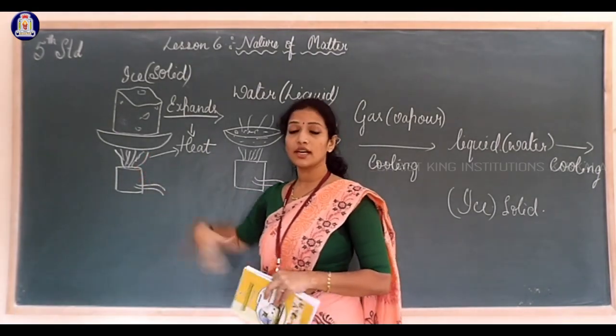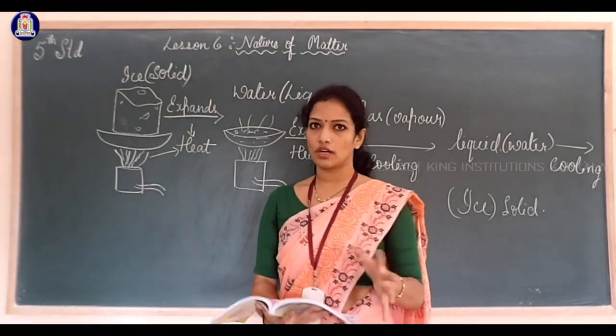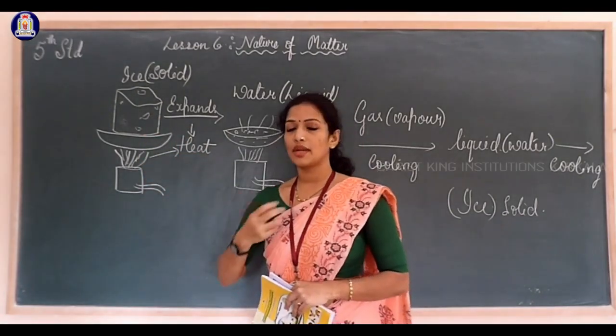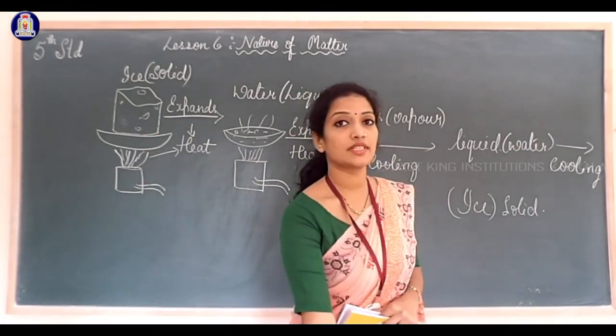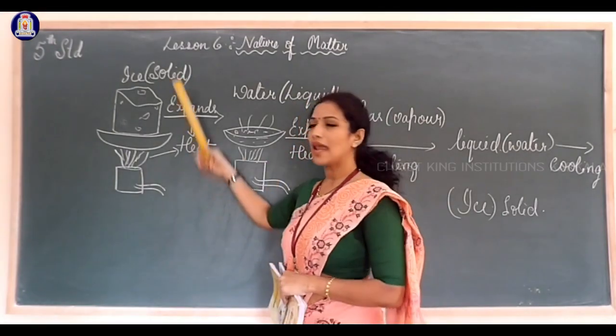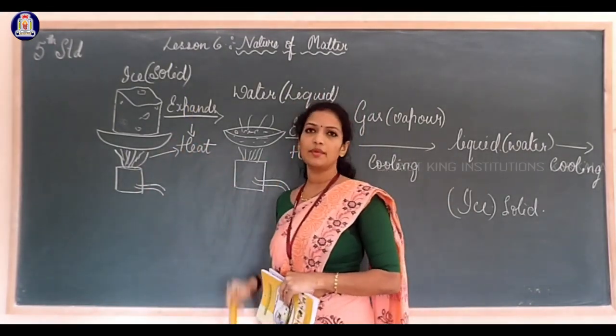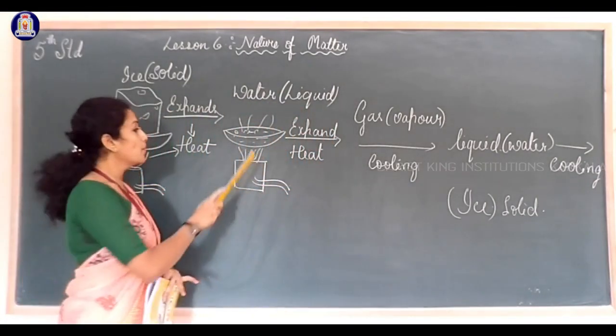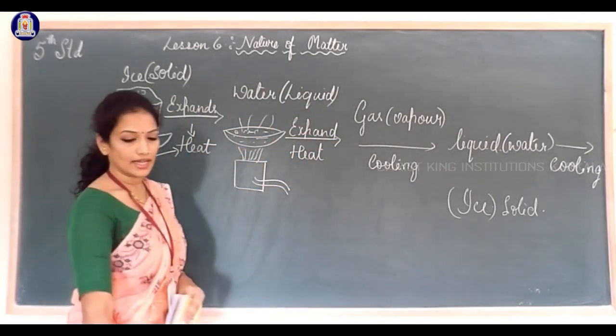It depends on the level of hotness. If the flame is too high, ice melts within seconds. But if you give a normal lab temperature without the flame, it takes at least 10 minutes for the ice to completely melt and turn to liquid.